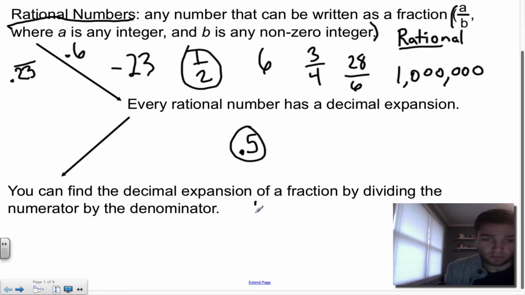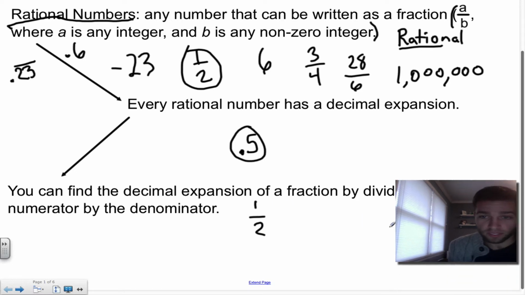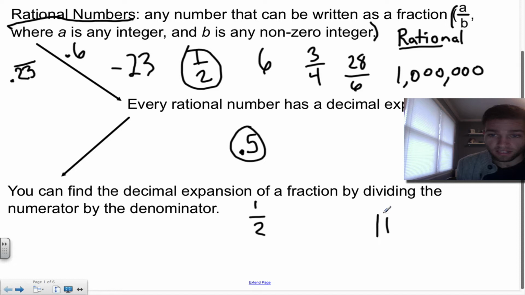So let's take an easy one. 1/2. The numerator, 1, divided by the denominator, 1 divided by 2. Okay? 2 cannot go into 1, so that means I need to add the decimal point and some zeros.